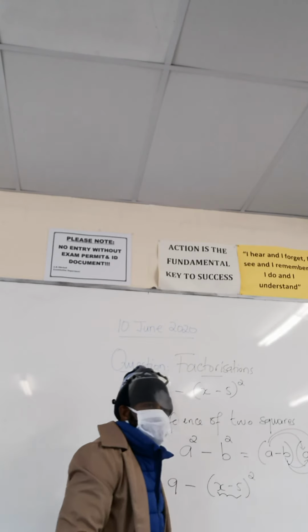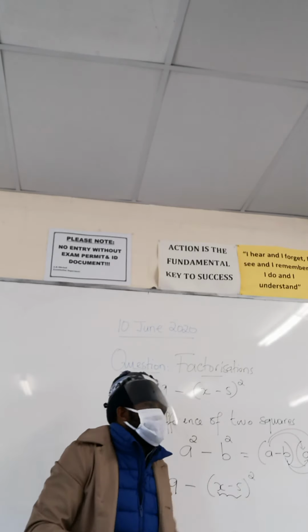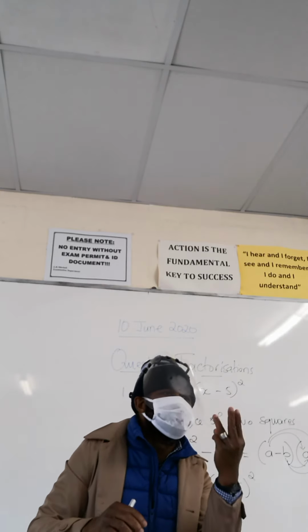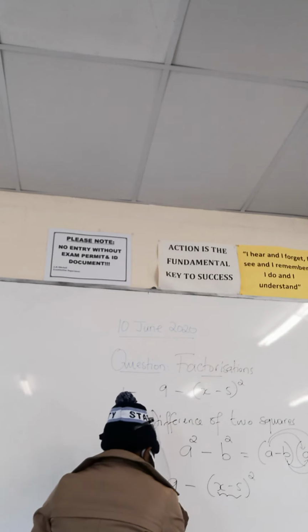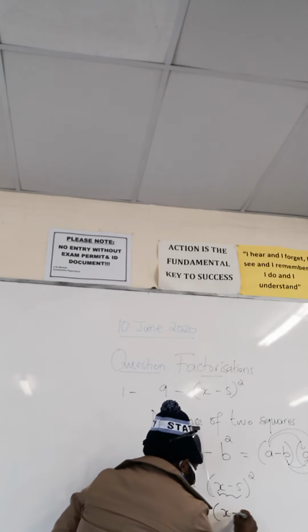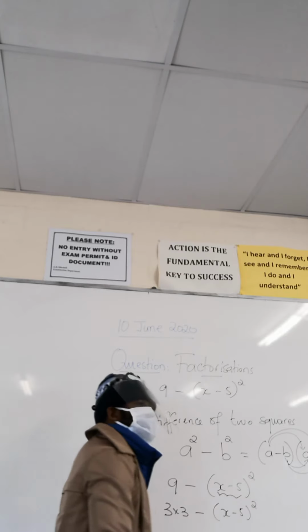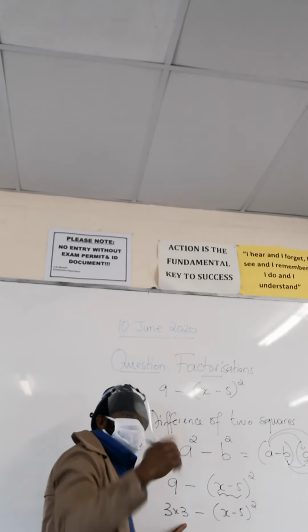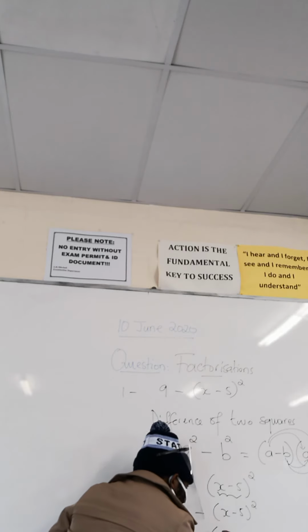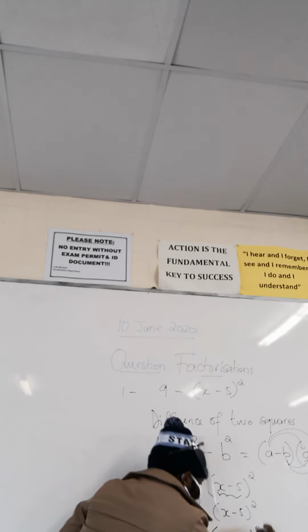How to write 9 in terms of power? In N1, N2 they have showed you. We can break 9 into 2 terms: 3 times 3 minus (x minus 5) squared. Or 3 times 3 in terms of power becomes 3 squared minus (x minus 5) squared.